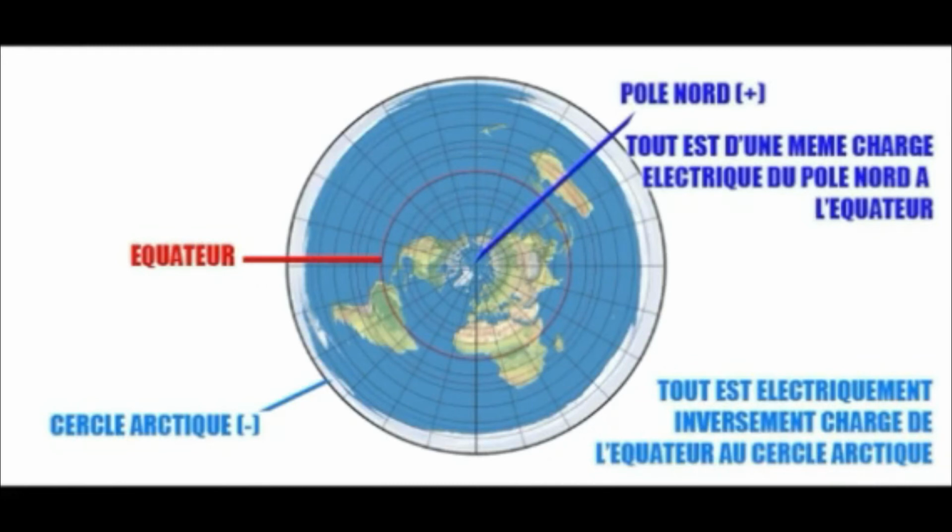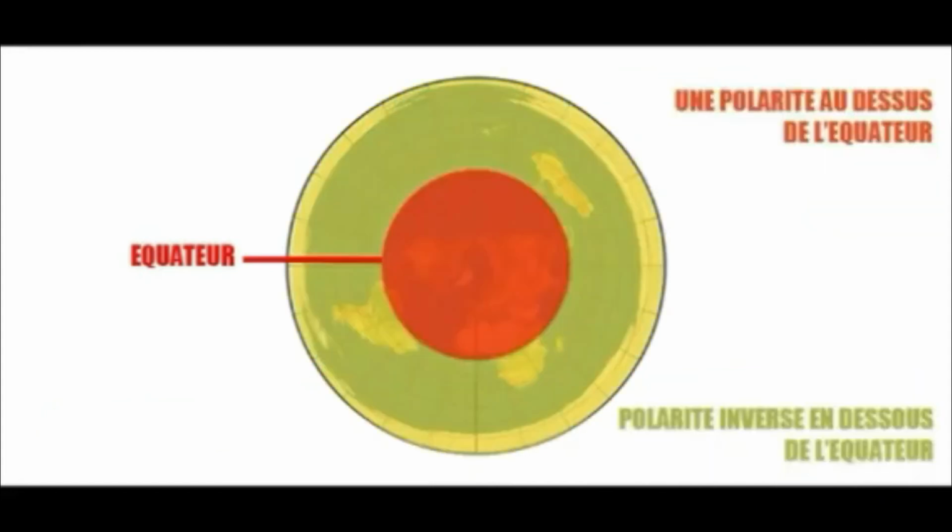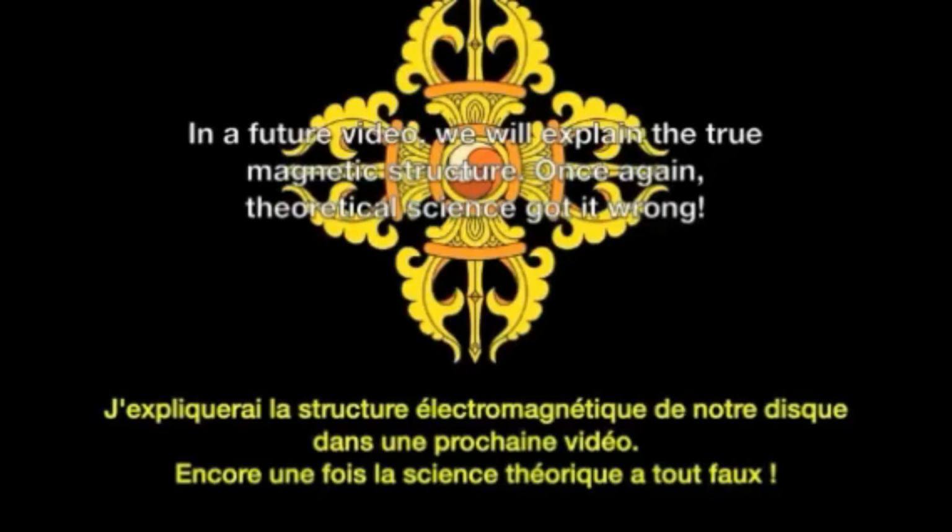And conversely, everything from the equator to the South Antarctic ring is of the opposite polarity or charge. One polarity north of the equator and the opposite polarity south of the equator. In a future video, we will explain the true magnetic structure.